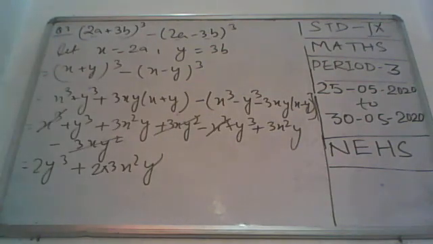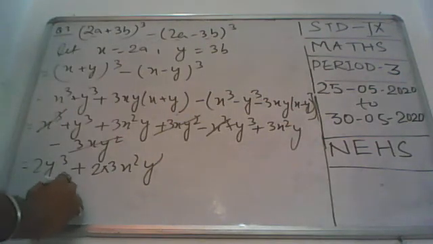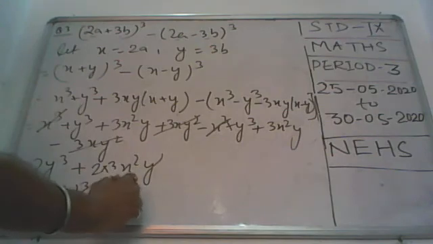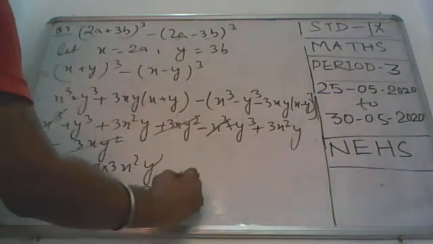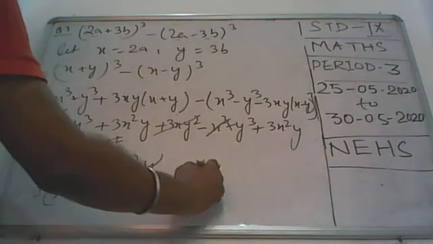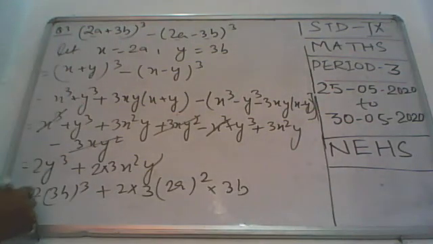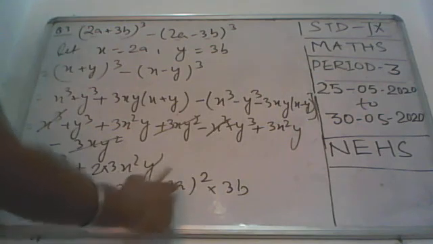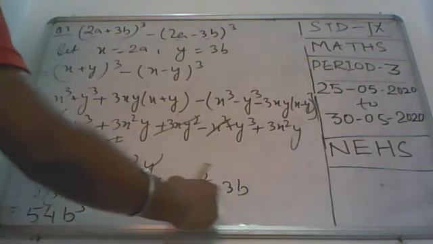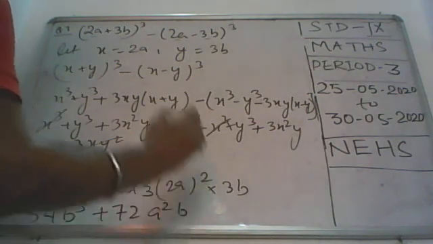So your answer will become 2 times y, where y is 3b, whole cube, plus 2 into 3 into x square, where x is 2a, so 2a whole square, into y, which is 3b. So 3 threes are 9, three nines are 27, times 2 is 54b cube. And this one: 2 threes are 6, and this is 4, so 6 times 3 is 18, times 4 is 72a square b.